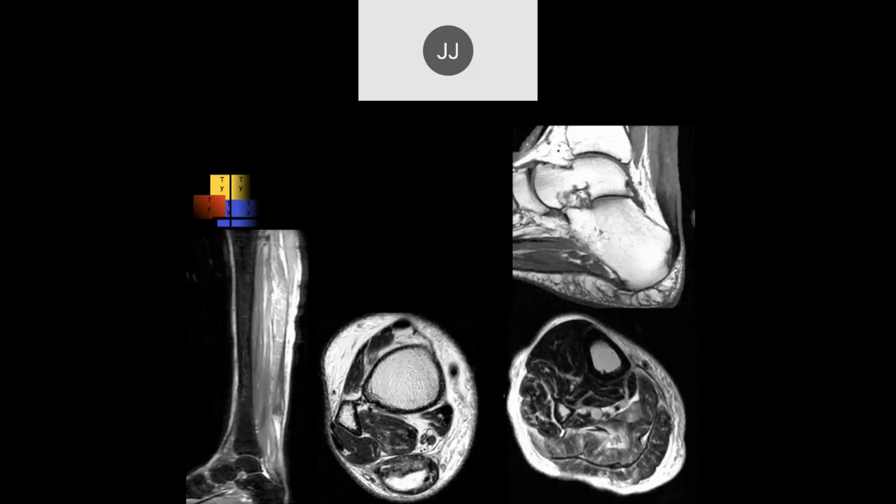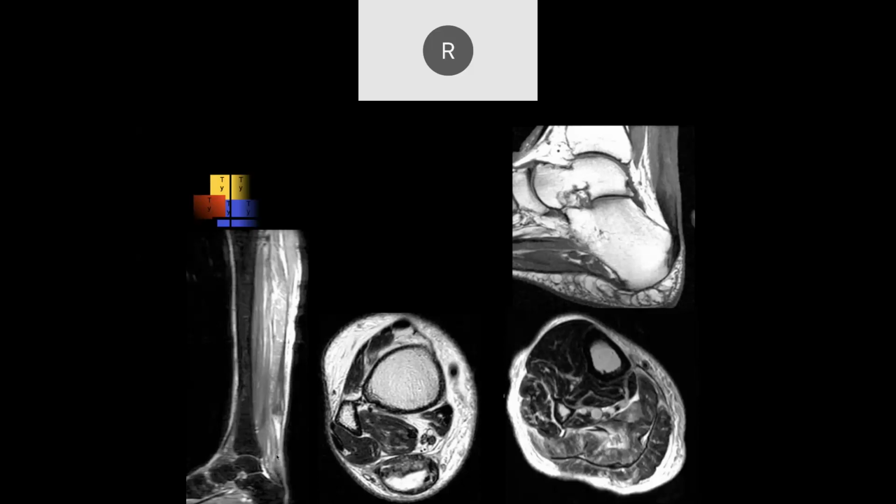All right. Robert, what do you think of this case? All right. Let's see. Looks like there's, again, a high-grade partial thickness tear of the distal Achilles tendon on that first axial image. And there's some edema in the soleus and gastrocnemius muscle bellies.